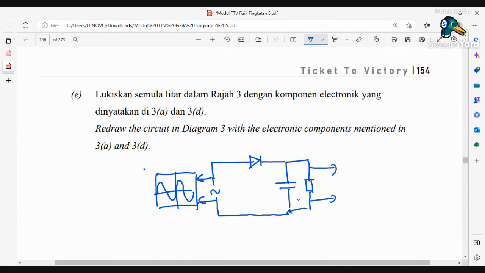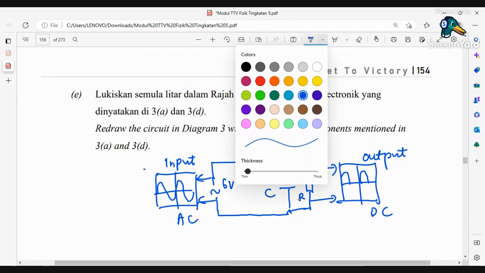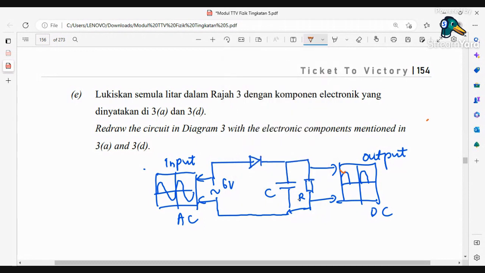Then this output connects to the screen of the CRO. Okay, input AC, output DC. And then it becomes smooth.